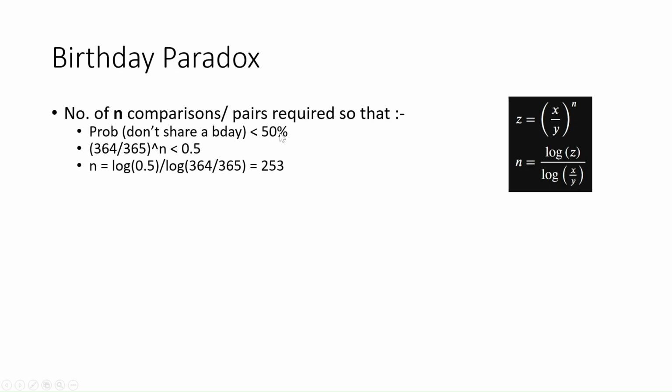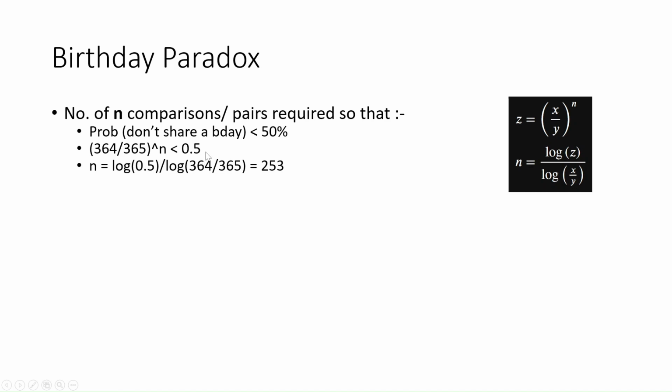Then we take the complement of it, which tells us the probability of at least one pair sharing a birthday, which is greater than 50%. As shown in the previous slide, the probability of n pairs not having the birthday on the same date is 364 by 365 raised to the power n, and this overall probability is required to be lower than 50%, so less than 0.5.